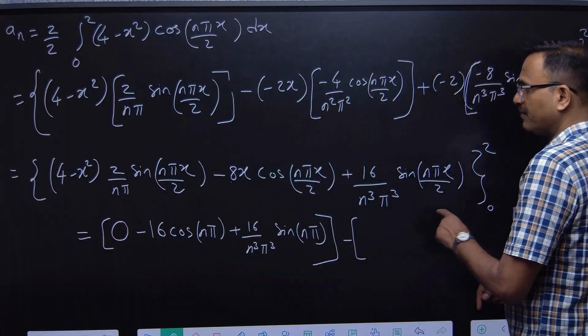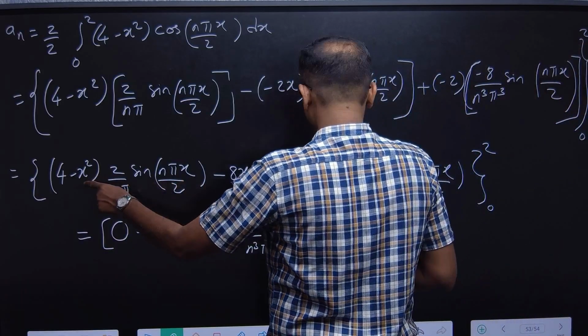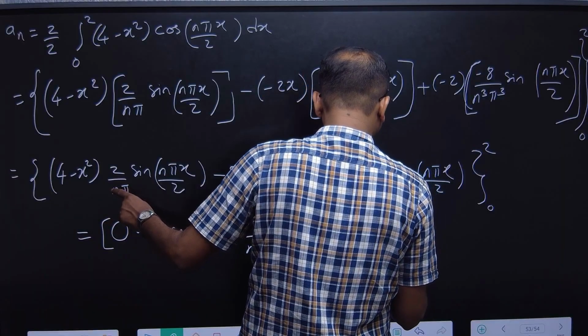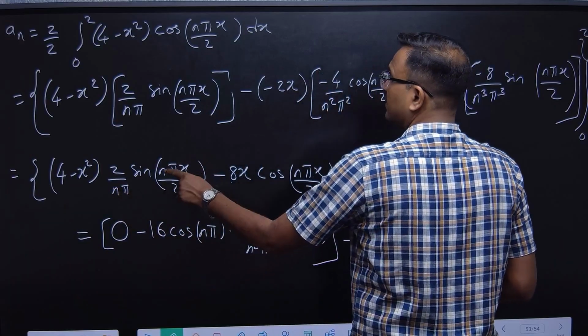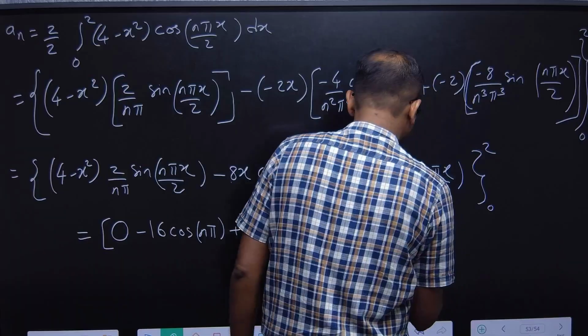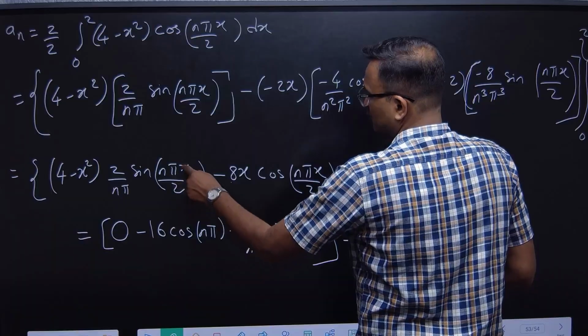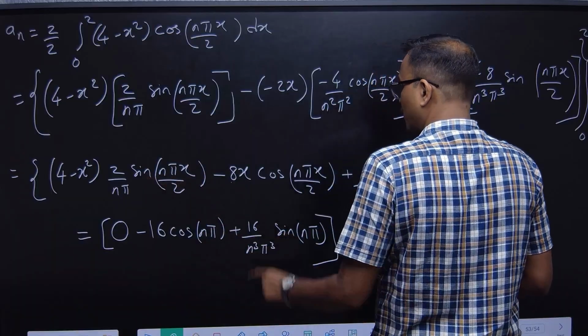Now, if I put the lower limit 0 in place of x, this will be 4 minus 0, which is 4 into 2 upon n pi. If you put x is 0 here, it will be sine of 0, which again is going to become 0.